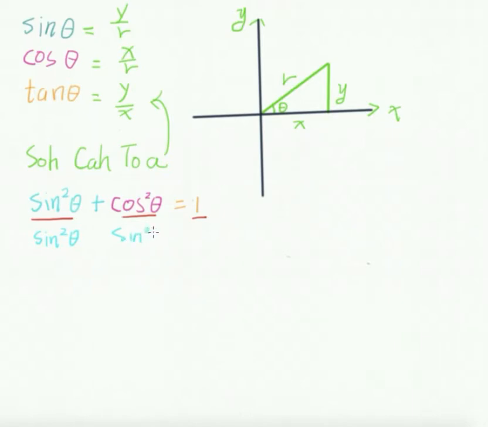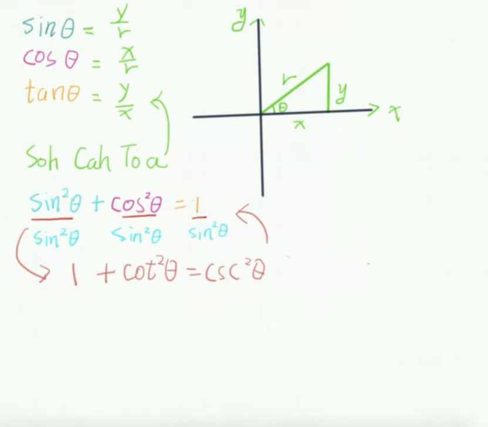This becomes 1 plus cotangent squared theta equals cosecant squared theta. That is the same thing. This is the second one of the three fundamental identities. Okay, so we got another one.